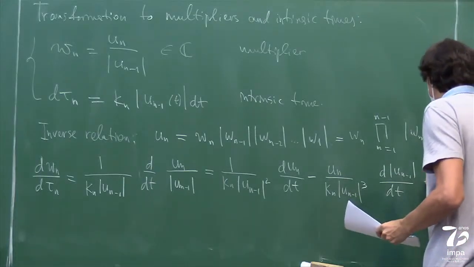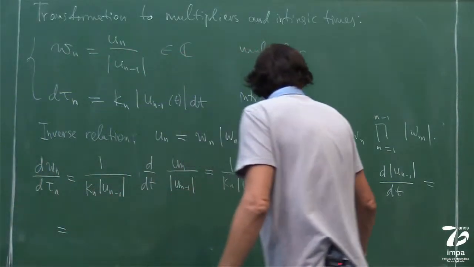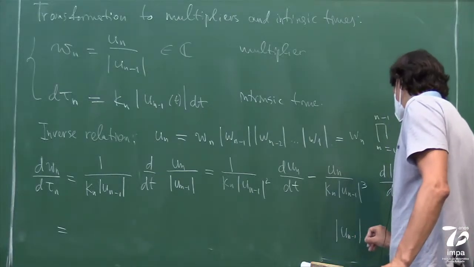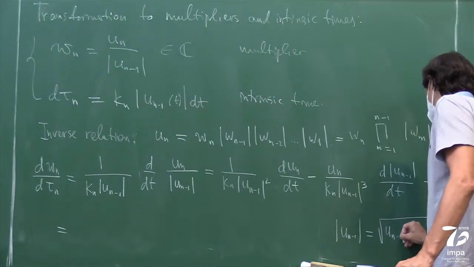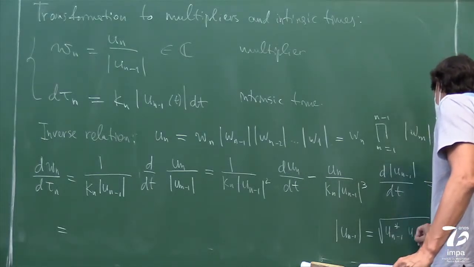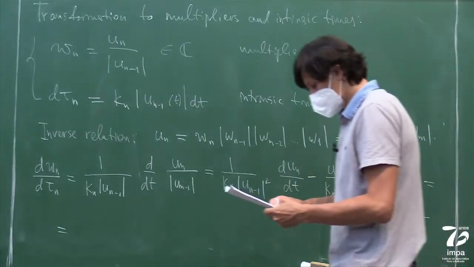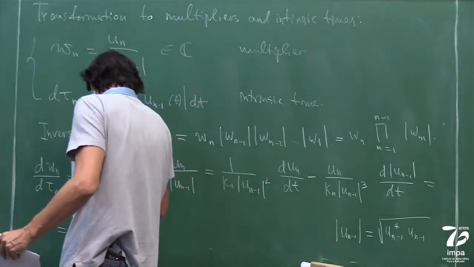So the next equality. Now remember that the modulus of un minus 1 is the square root of un minus 1 complex conjugated times un minus 1. So now you can differentiate this expression. The first term I will just copy.